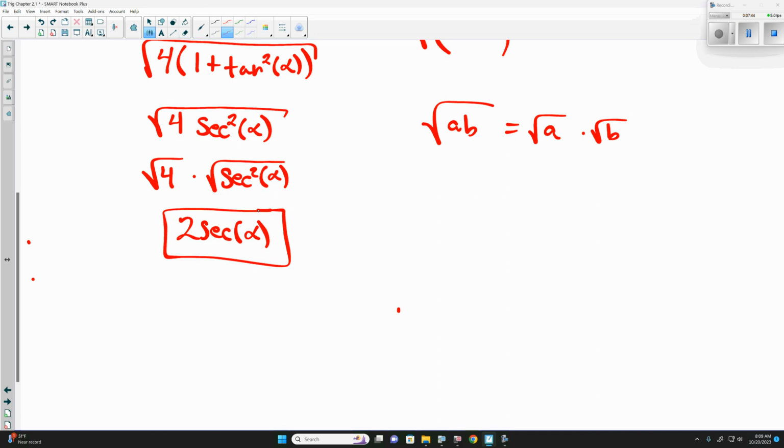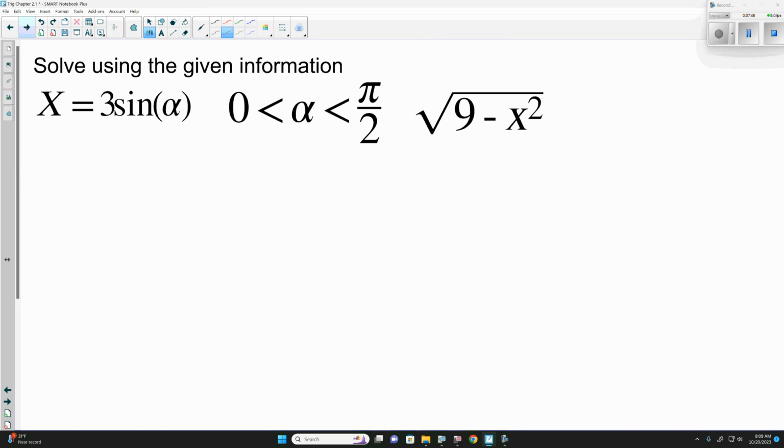Questions on this here? And hopefully, as you notice with these here, it's mainly just manipulating the equation into something we can use and then reducing. We'll do a similar thing here.